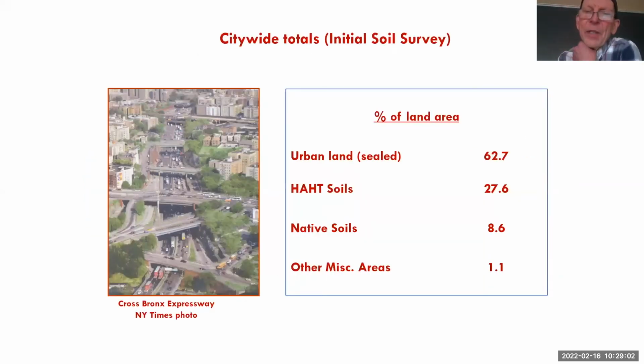So based on the survey here, the citywide totals, okay, 63% of the area is actually pavement and buildings in the city, about 28% human altered and human transported soils, about 9% native soils, and 1% those other areas, beaches, bedrock outcrops.